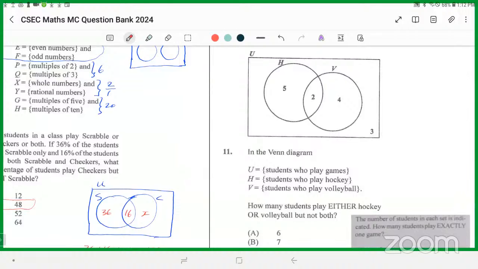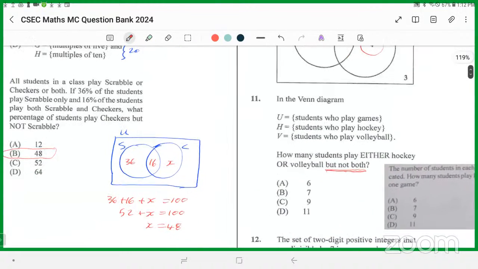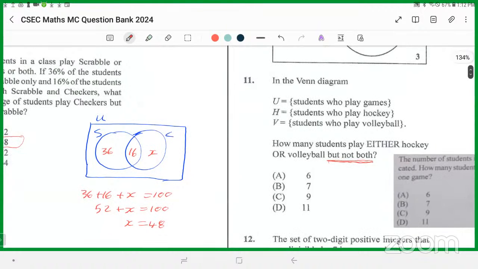How many students play either hockey or volleyball, but not both? So you don't want to include these, not both. So that's 9 people. The answer for this one is 5 plus 4, which is 9.